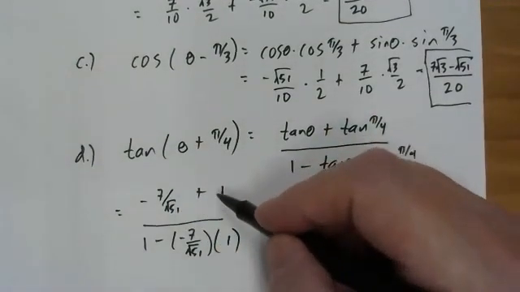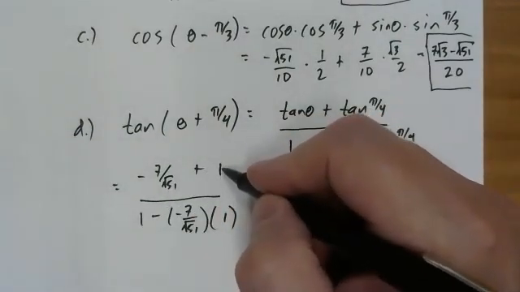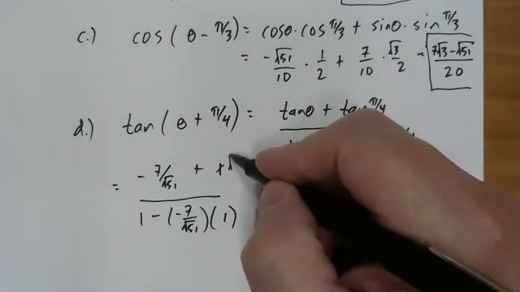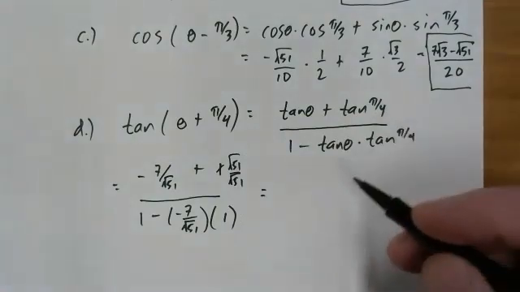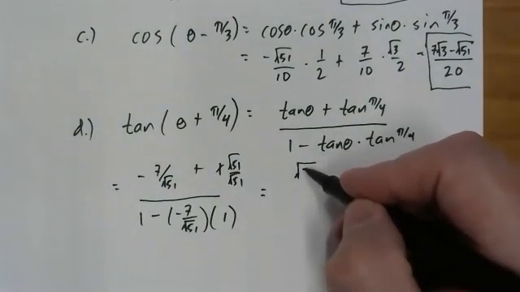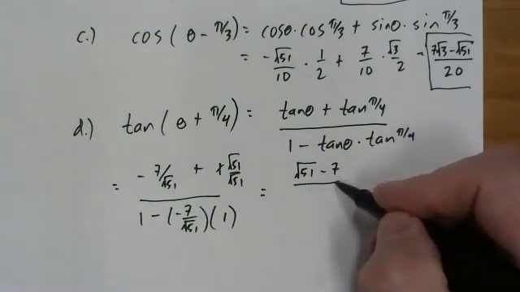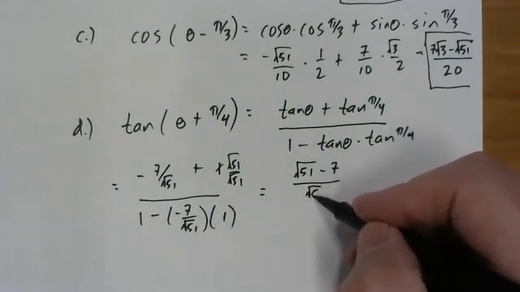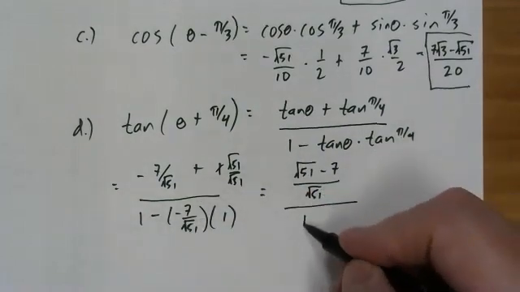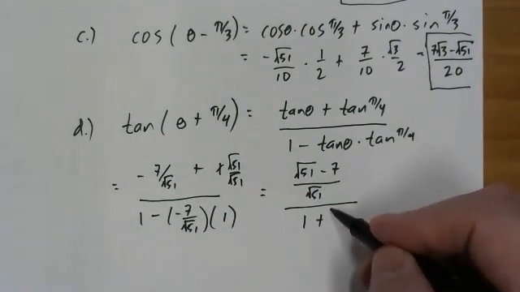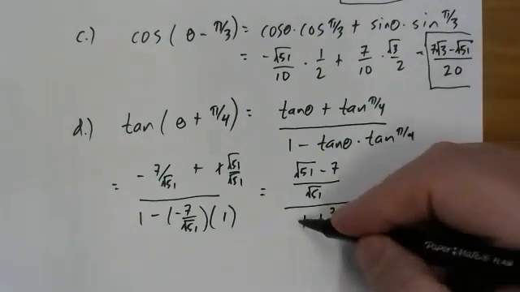Now let me combine this fraction. To get a common denominator, the 1 is going to end up being square root of 51 over square root of 51. So let me write this as square root of 51 minus 7 over the square root of 51. Down here, I'm going to have 1 plus 7 over square root of 51.